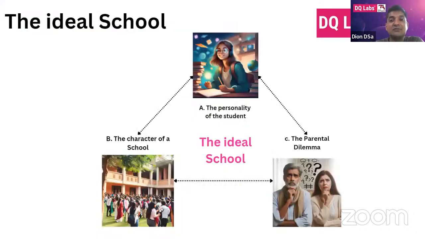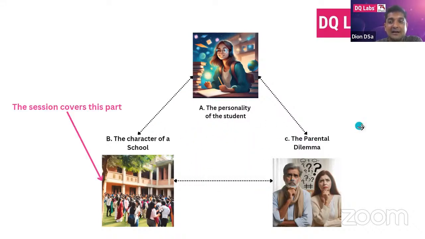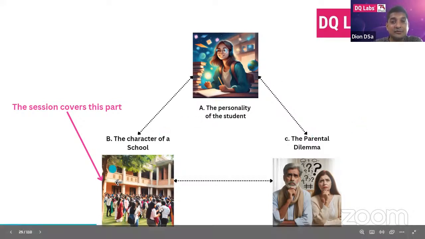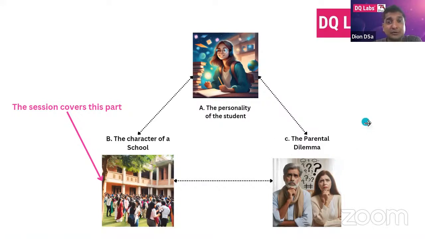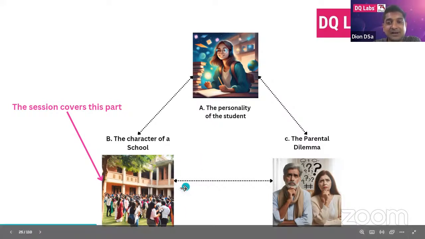And it's only when you match these three that you get the ideal school for you, right? Now, remember, what I can talk about is the character of a school. If you do interact with schools, what the schools will talk about is their own character.